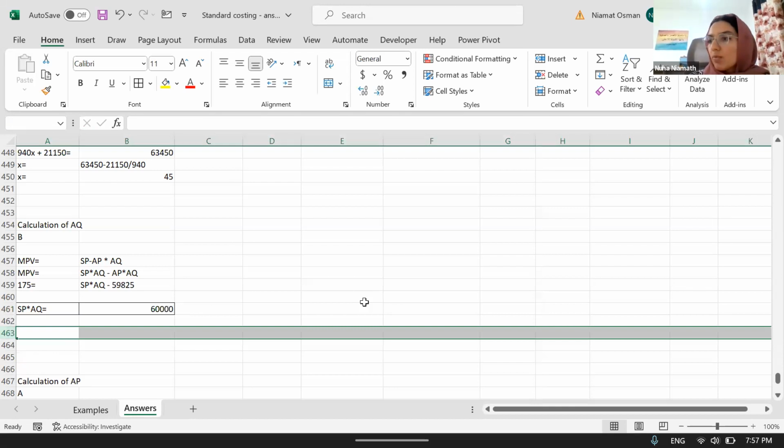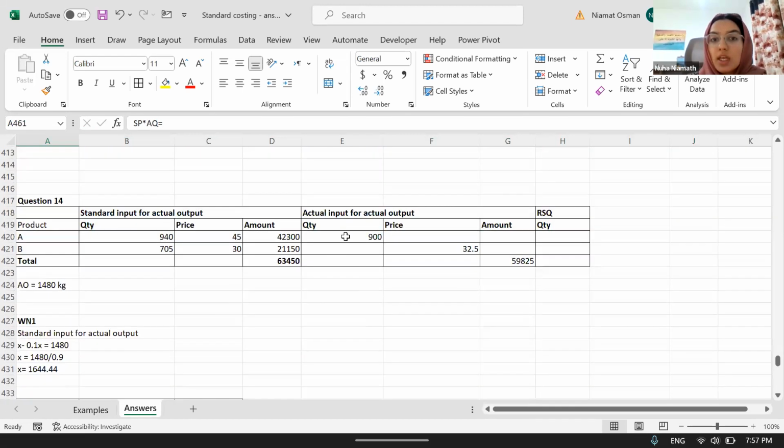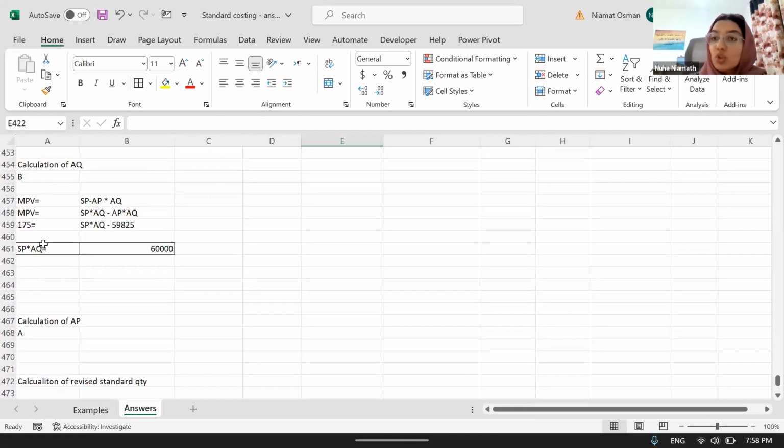You need to think a little more and understand what SP into AQ means. SP into AQ is the total standard price into the total actual quantity. This SP into AQ is for the total.